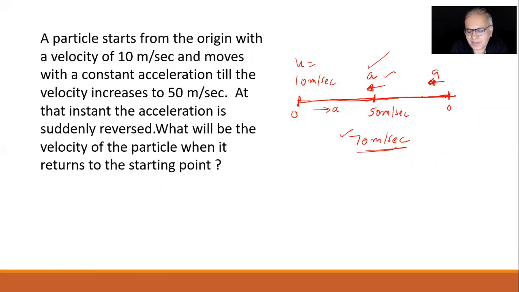So how to get it? I use the equation v square minus u square is equal to 2as. I took S1 as the distance traveled when u is 10 meters per second, and S2 as the distance traveled when u is 50 meters per second and v is 0.